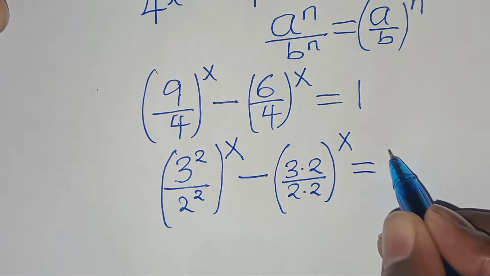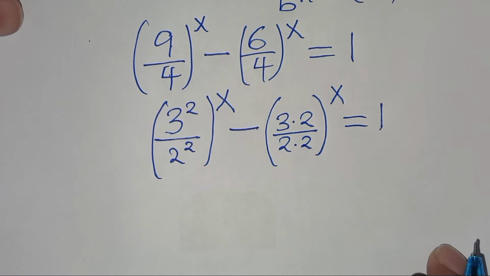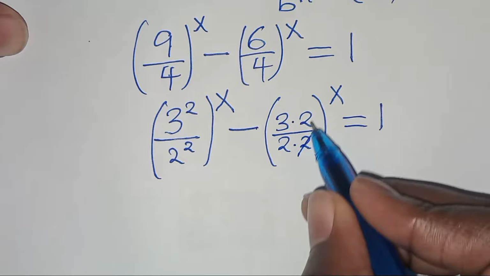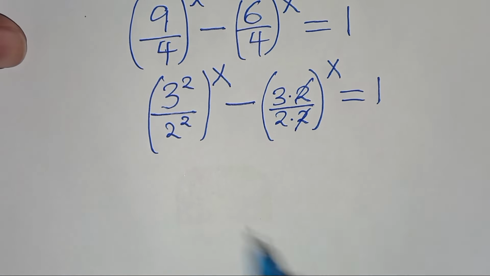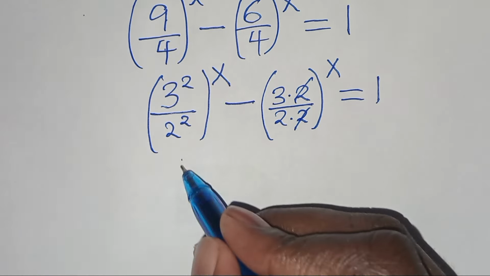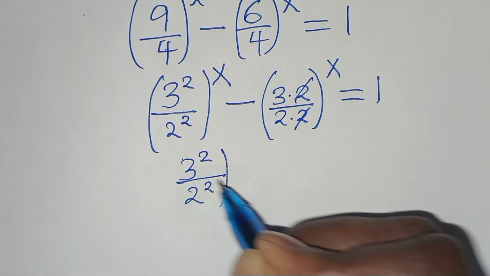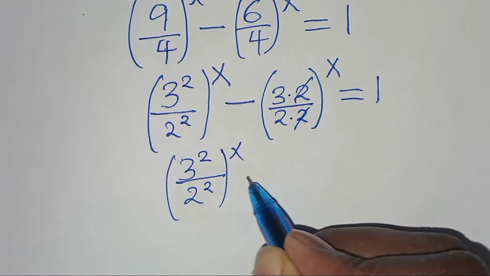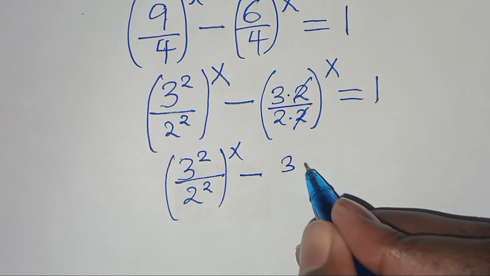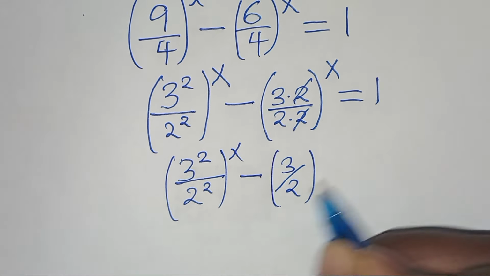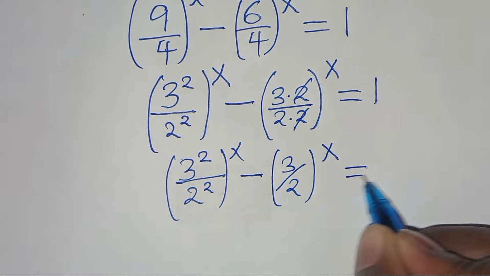This is equal to 1. So this implies that we can simplify 2 and 2 here, so that now we have 3 raised to the power of 2 over 2 to the power of 2 raised to the power of x, then minus 3 over 2 raised to the power of x. This is equal to 1.